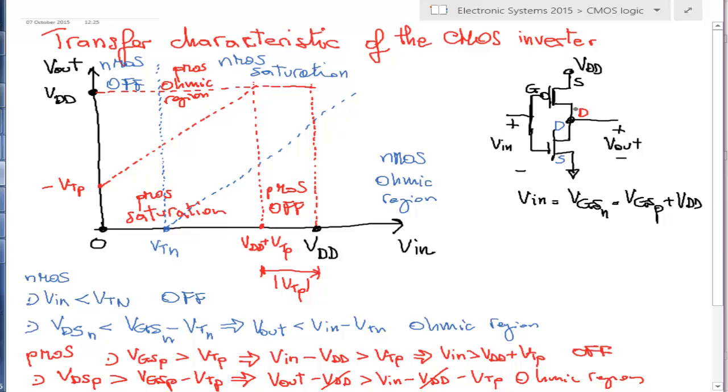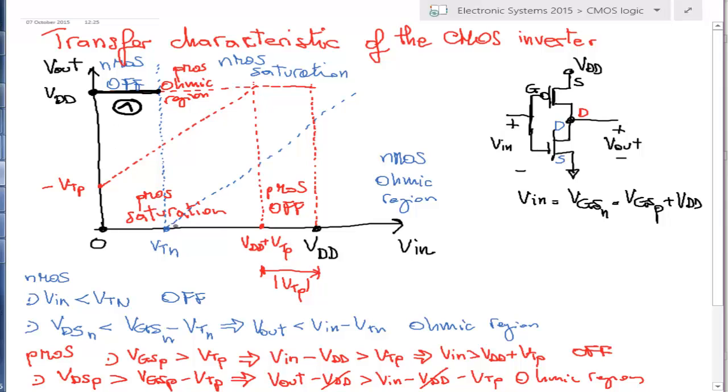There's no current, so VDS is 0, right? So we are in this situation, right? This is easy to draw. Basically, the output voltage is exactly equal to VDD. Let's call it 1.